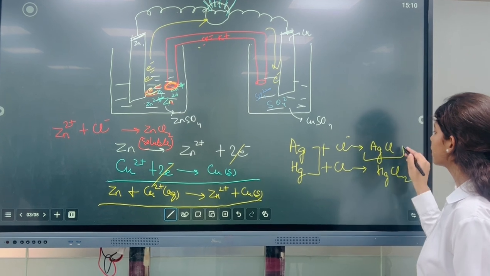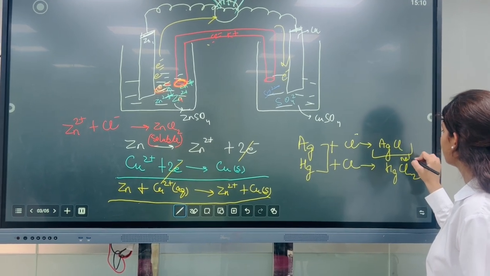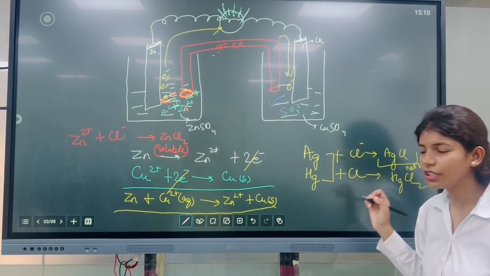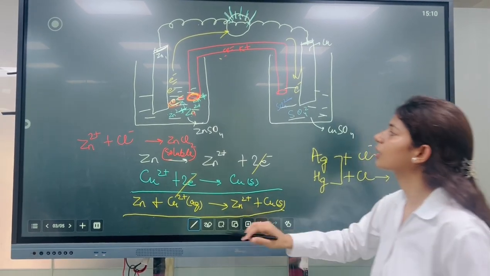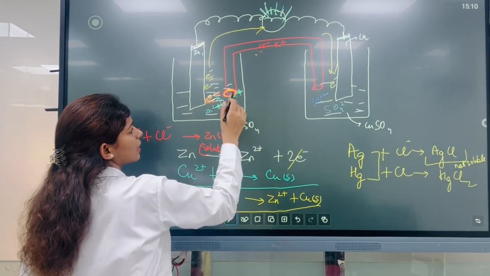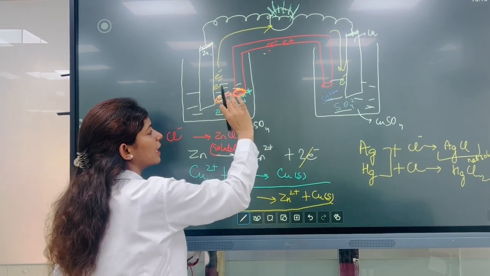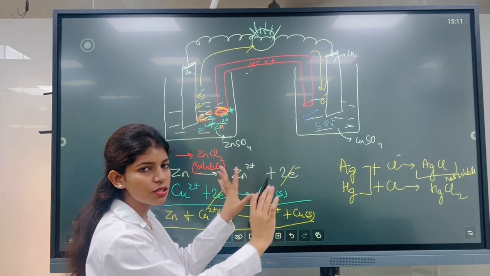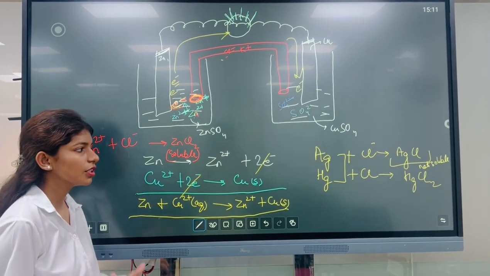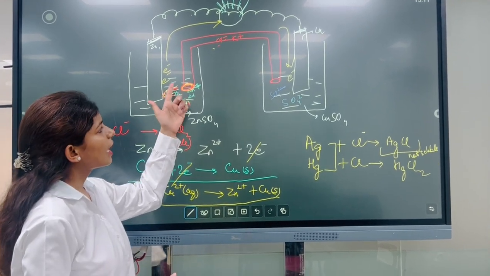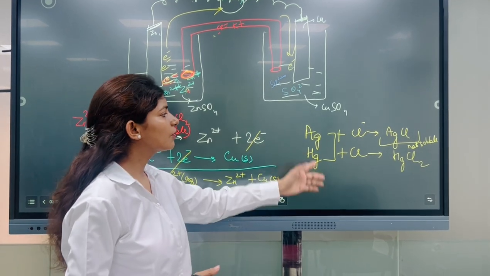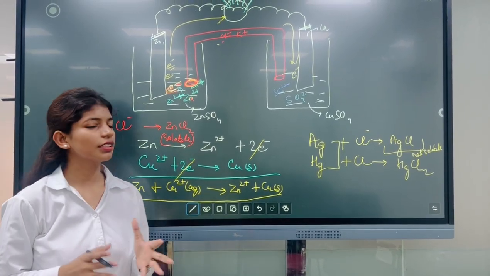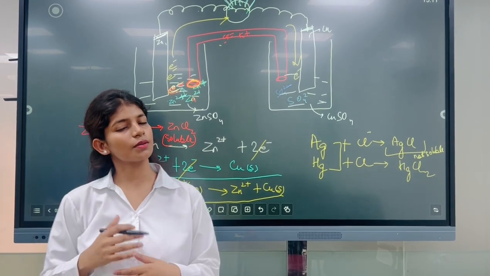And we can see AgCl is not soluble in water, and because of this insolubility it will block this part, and again there will be electrostatic interaction between electrons and the ions present here, and movement will be stopped and your cell will not work. So for the working of the cell, keep in mind that if we have Ag or Hg, we cannot use it. So this whole part was about the galvanic cell.